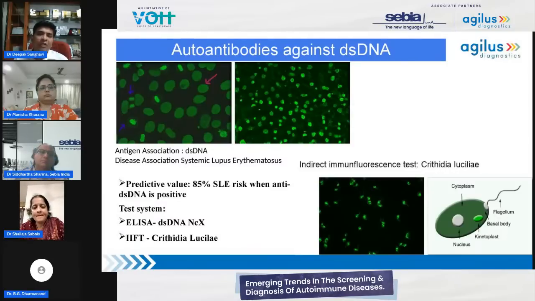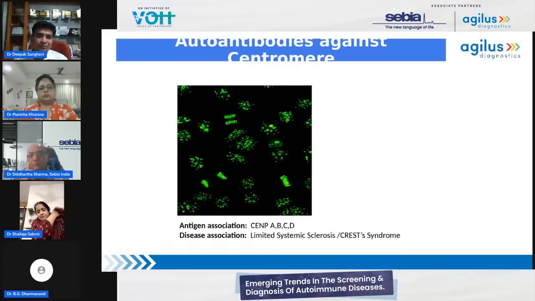Again, I'm repeating, dsDNA by IFA has a specificity of 100%, but the sensitivity is only 30%, while ELISA will have a sensitivity of 70% and specificity of 90%. The NCX ELISA will have further sensitivity, and blot will have lower sensitivity and specificity. So based on that, we have to decide which platform is going to help the clinician reach a better diagnosis. Next slide.